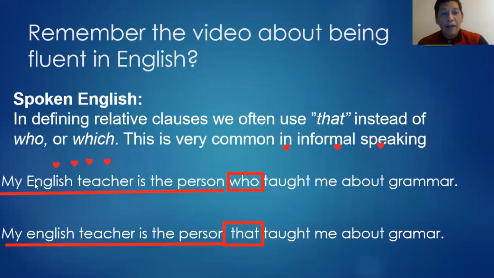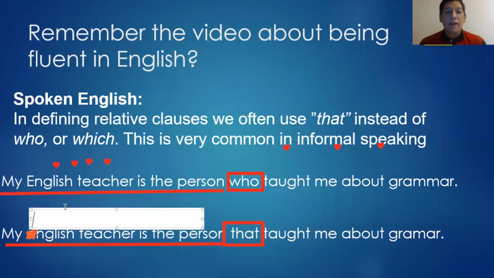It says my English teacher in the first sentence, and it's with capital letter. But then it's my English teacher here, and it's not with capital letter. What happened in there? What happened is that I hit that for you. So this one is incorrect, okay? Remember, proper names, we need to write them with capital letter.